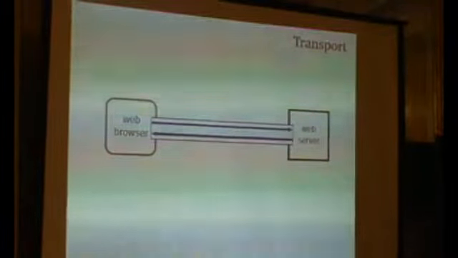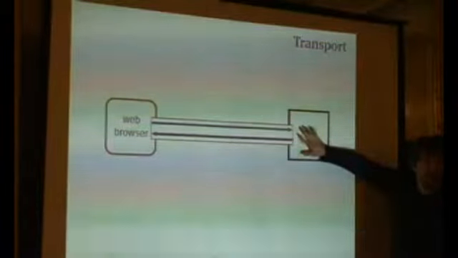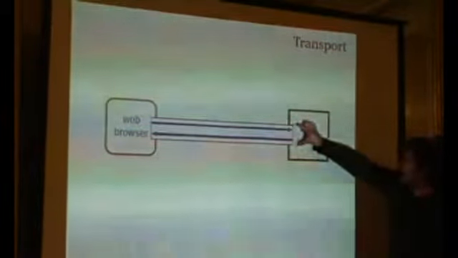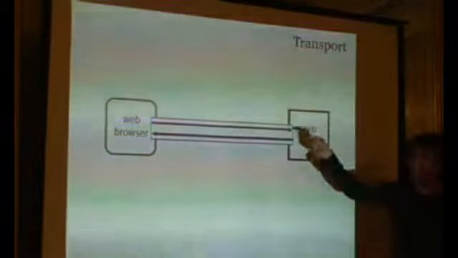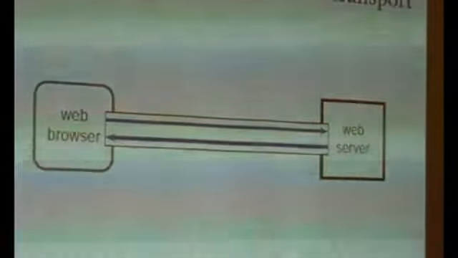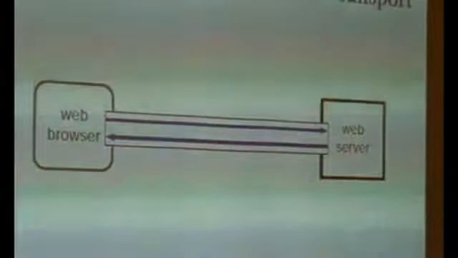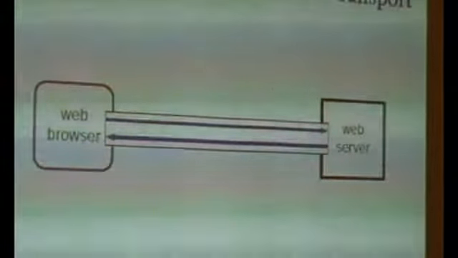So at the application layer, when you program these objects, you have the illusion of having a pipe, okay, where you can send streams of data back and forth. You can write GET, the character G in ASCII, which is an encoding of this thing.